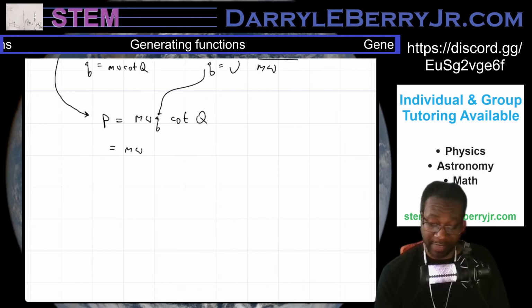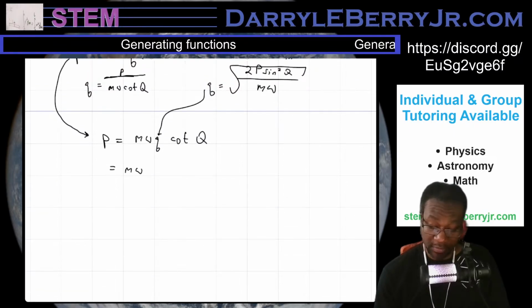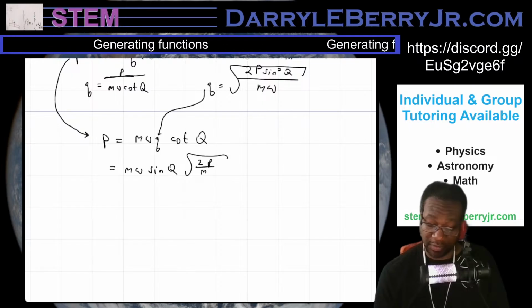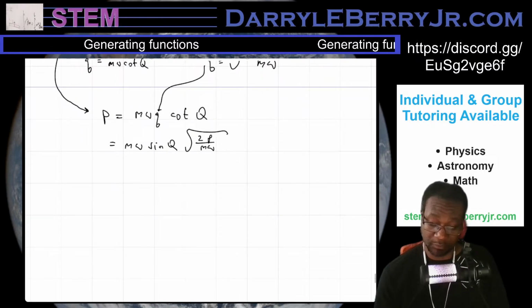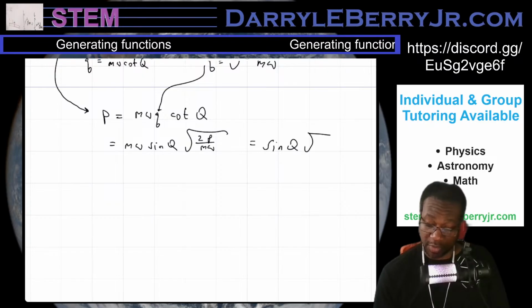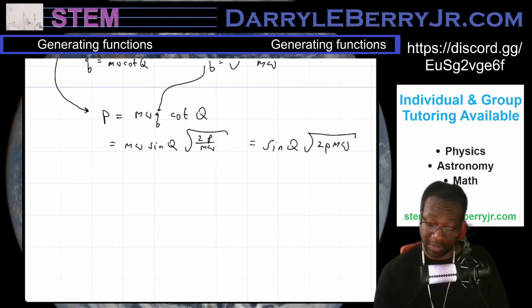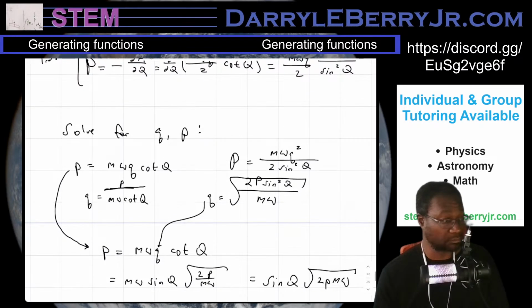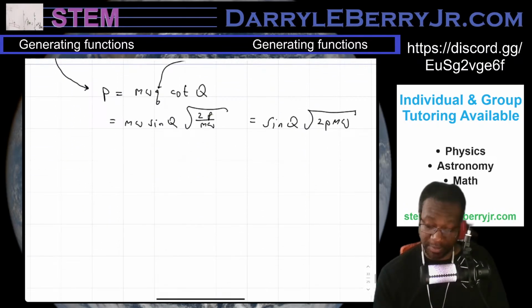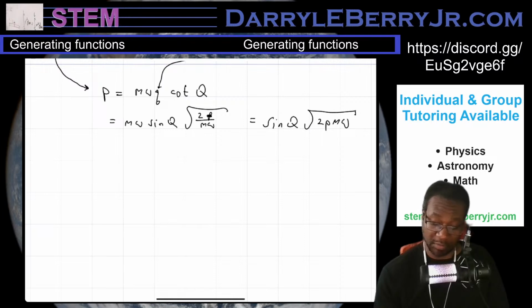So we have m omega sine Q, taking the sine out of the square root of 2P over m omega. So that's the same thing as saying sine big Q square root of 2P over m omega, and that cancels the denominator. And that's a big P inside. Maybe I need to make the big P's bold or something.